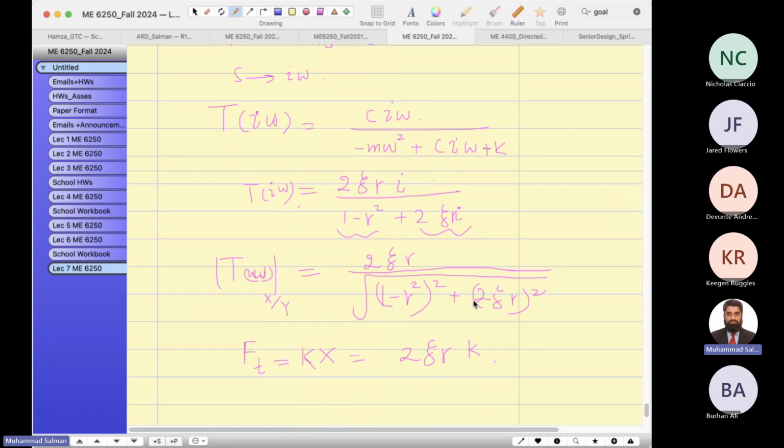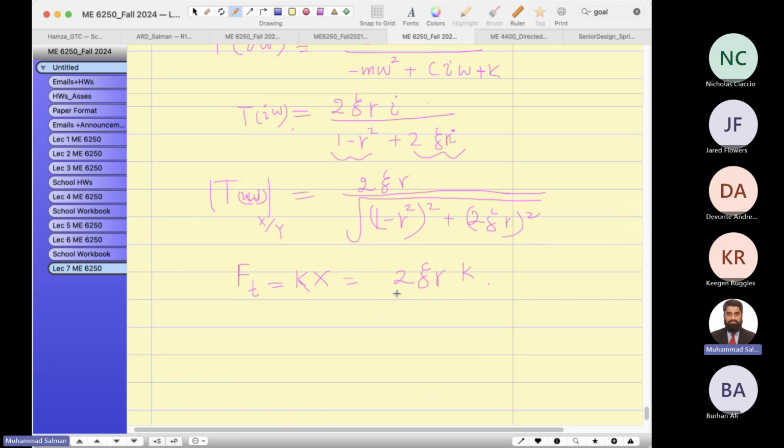So this is the transmission. x can be written like this, divided by, times y. You remember transmissibility is x over y, but over here it is just x.